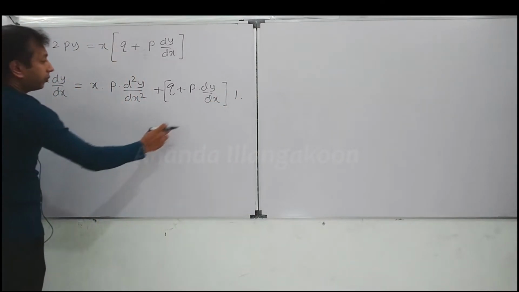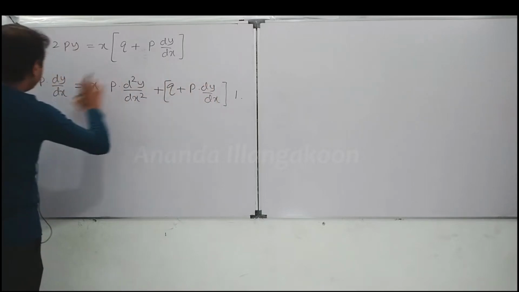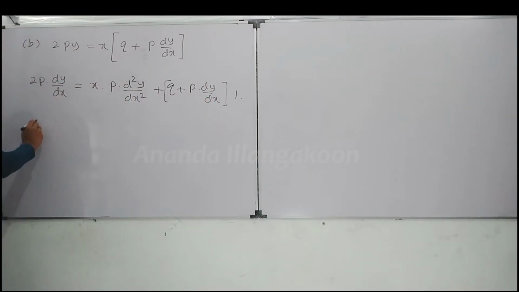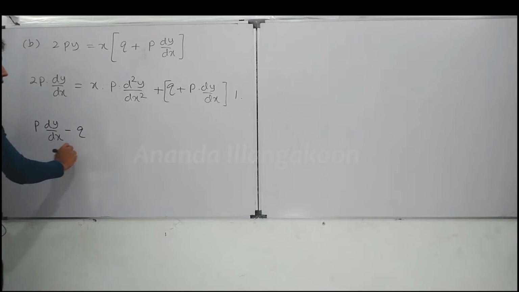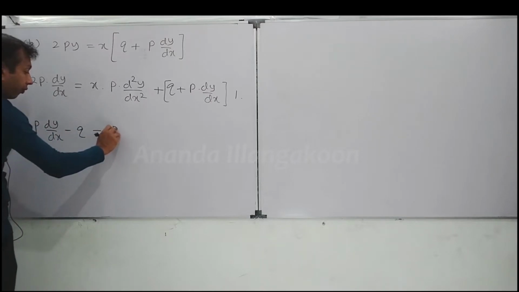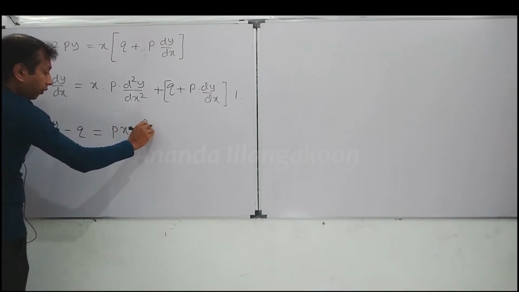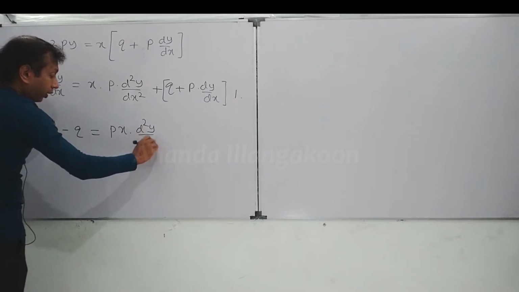Then you can take this term to this side, then we get 2p dy by dx minus p dy by dx is p times dy by dx, and we'll bring this q also this side, minus q, and now we have px times d2y upon dx2.